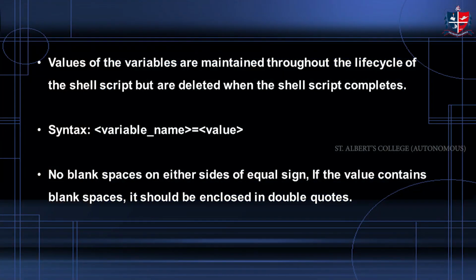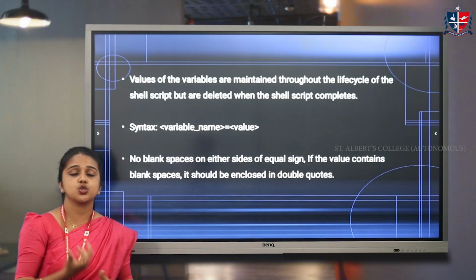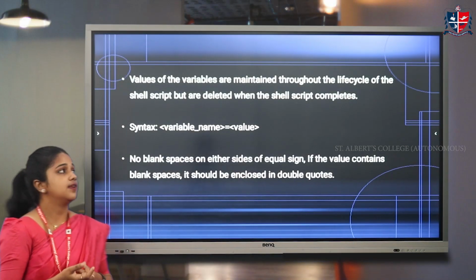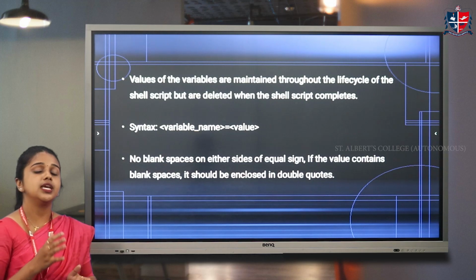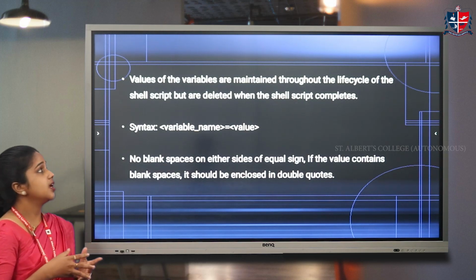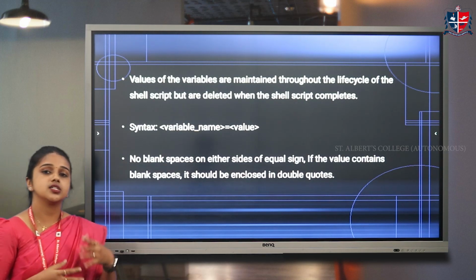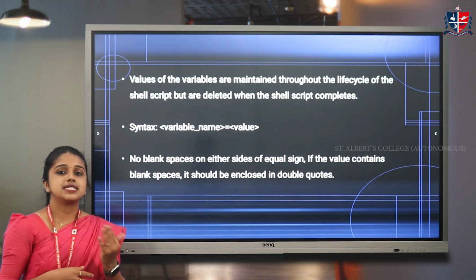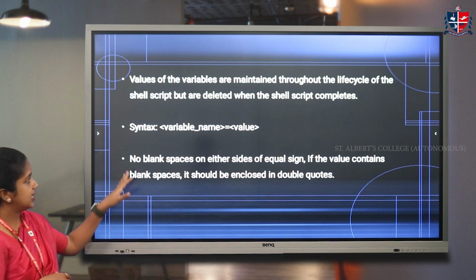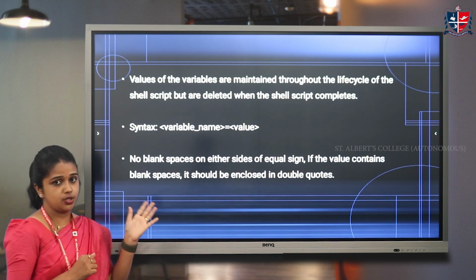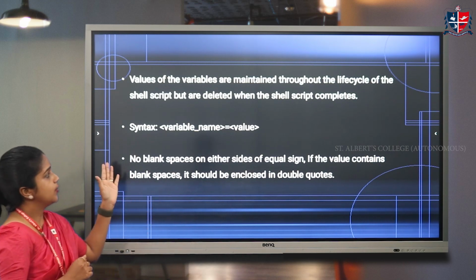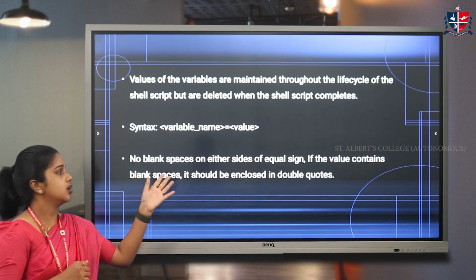The values that we store in a user-defined variable are maintained throughout the life cycle of the script and are deleted when the execution of the shell script completes. The syntax for a user-defined variable is: variable name equal to a value.